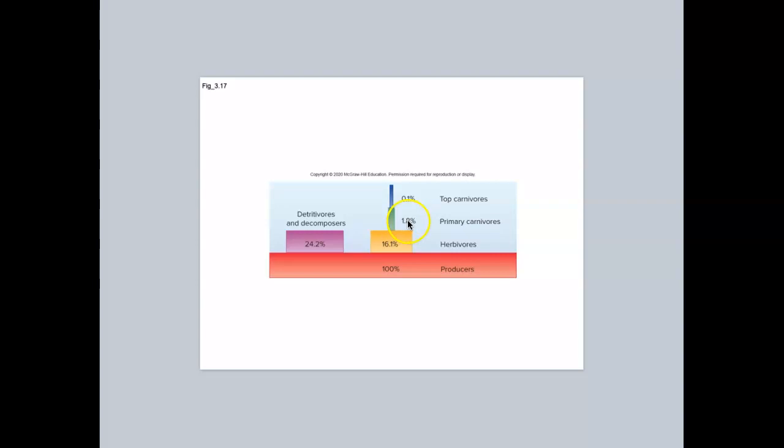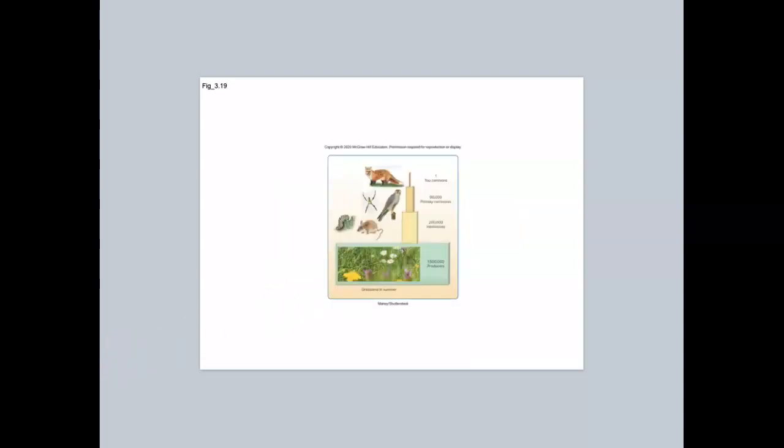And then if it was actually fed on by a secondary carnivore, then a 1 pound prey item would result in only 1/10 of a pound of weight gain for the top carnivore. So it's important you understand that there's 10% transferred up each one of these trophic levels.